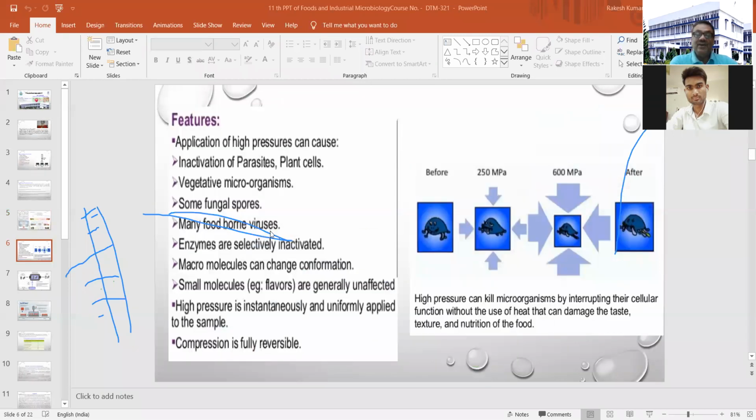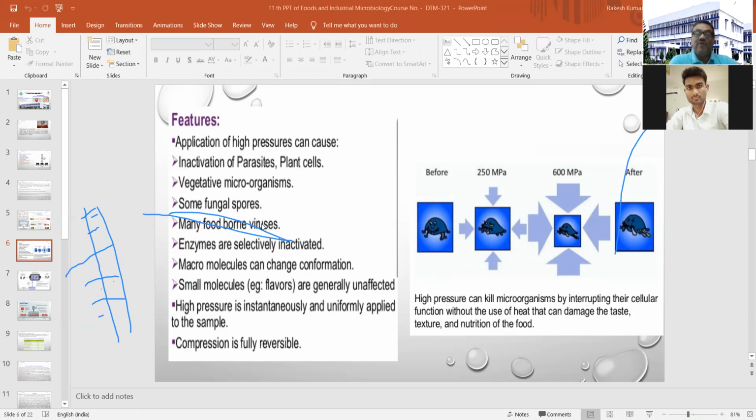Now, what are the special features of high pressure processing technology? High pressure is used in this method, and because of that there will be inactivation of parasites, plant cells, and vegetative microorganisms. Some fungal spores, if present in the system, will also be affected.